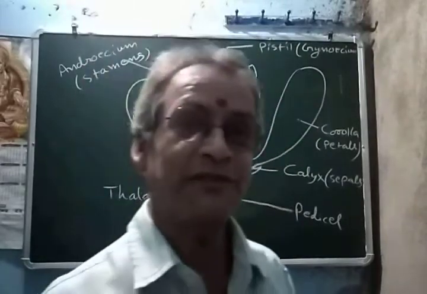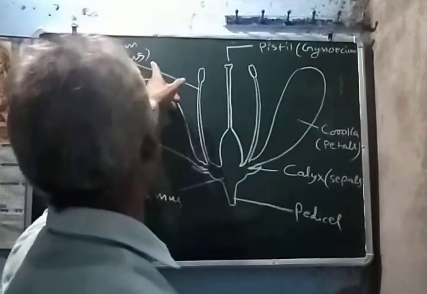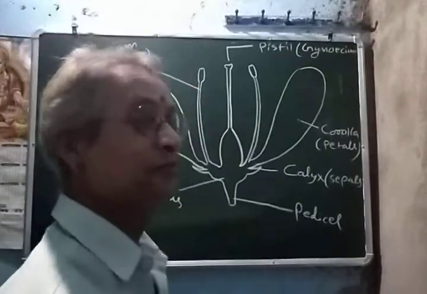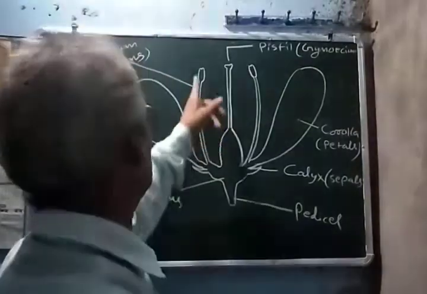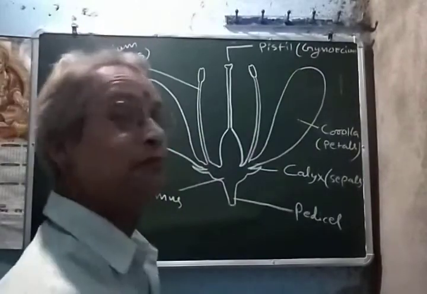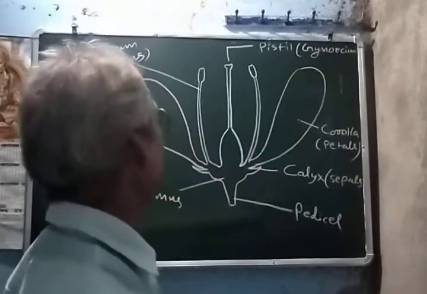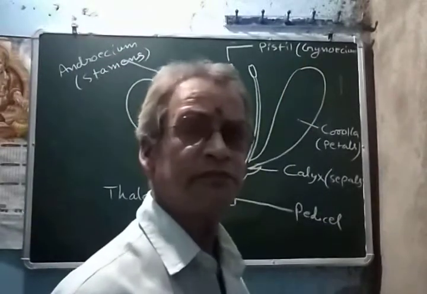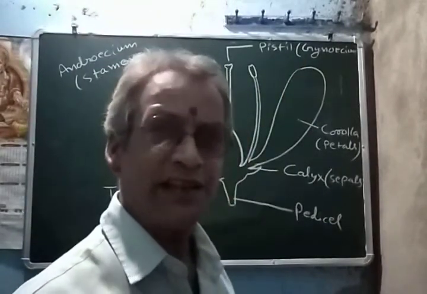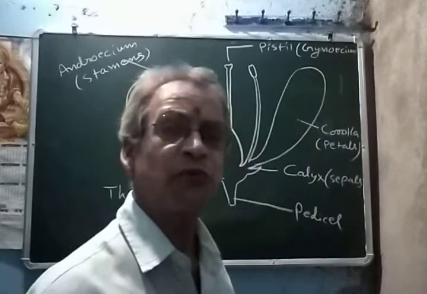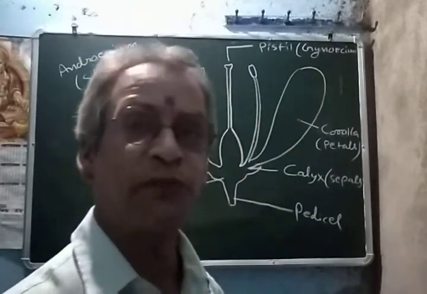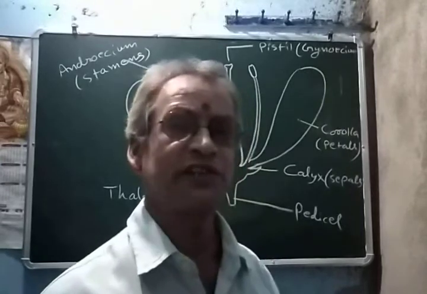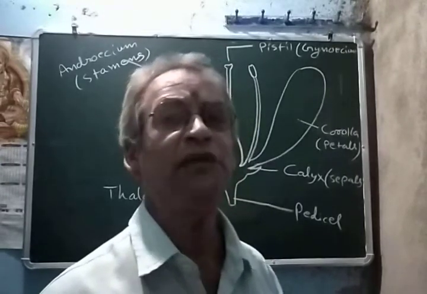Stamens are male reproductive organs which produce male gametes, and gynoecium or pistil is the female reproductive organ, the female reproductive part which produces the female gamete.